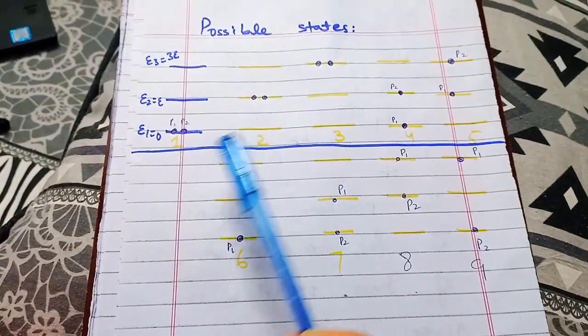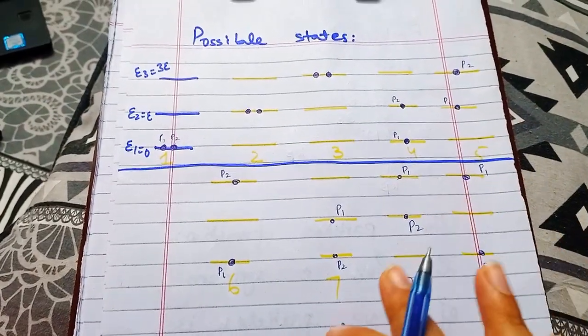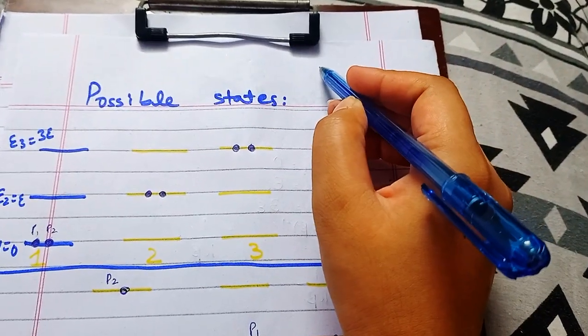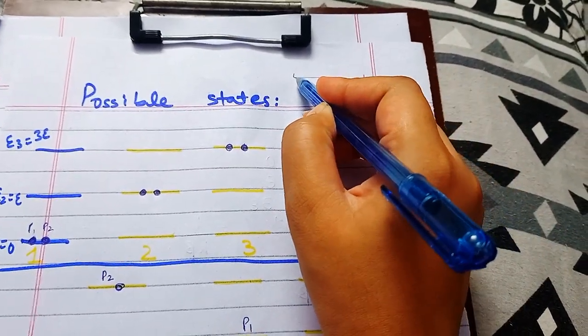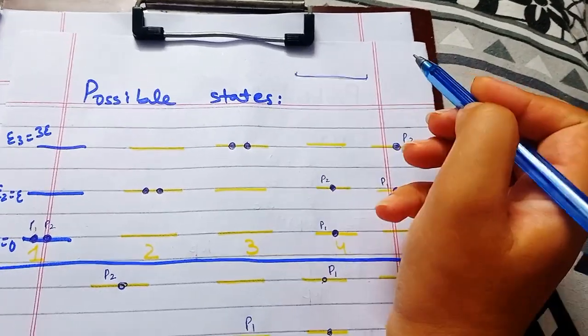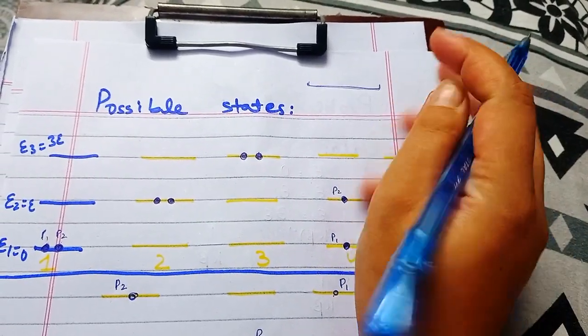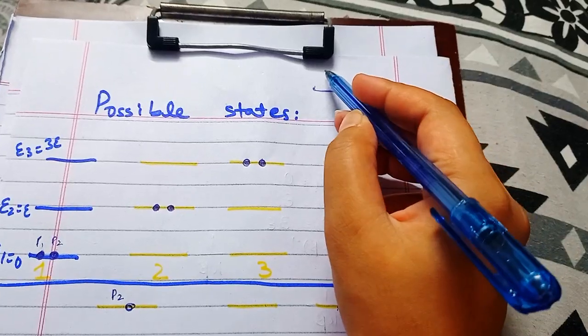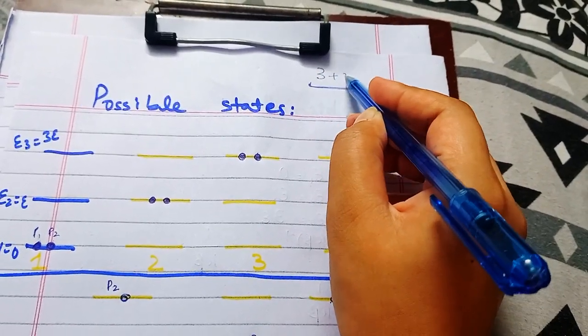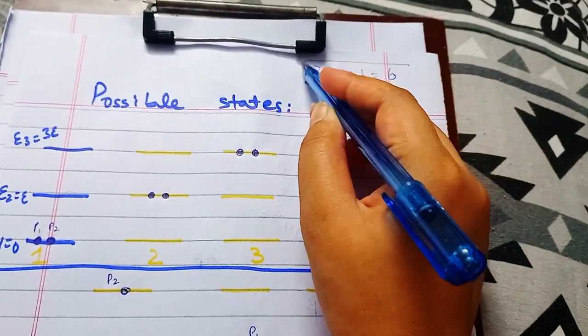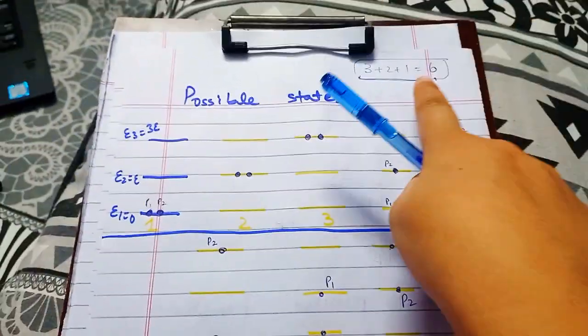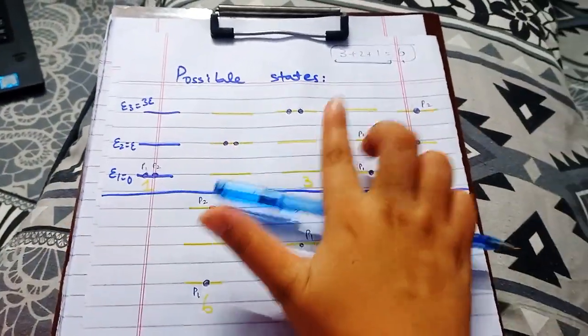And then, if it is a system of 2 particles, calculate what possible states you are going to get if those particles are identical. So if there are 3 levels, do 3 plus 2 plus 1 and you get 6. This is for the identical particles. Then make the level diagrams 6 times here.